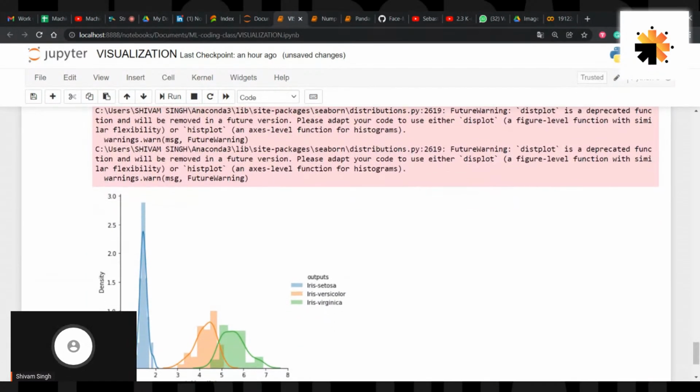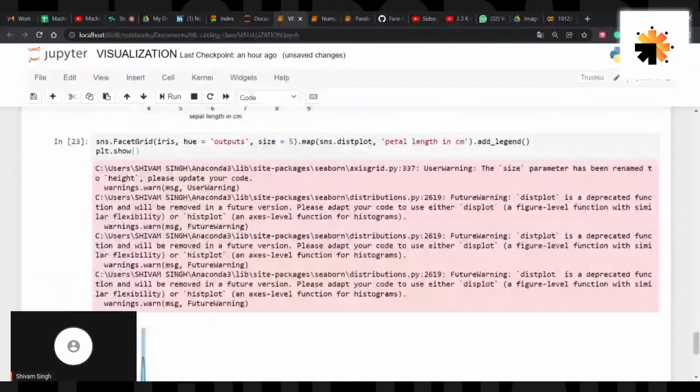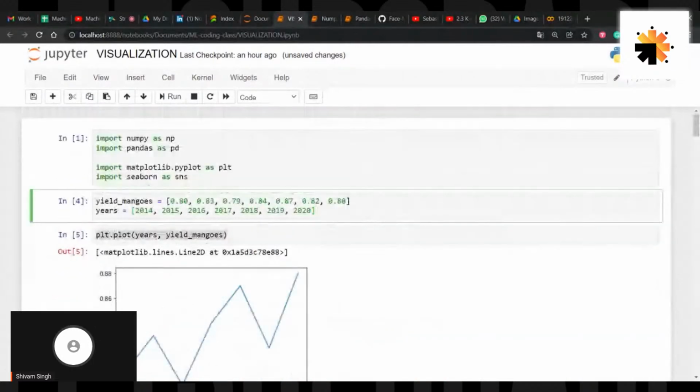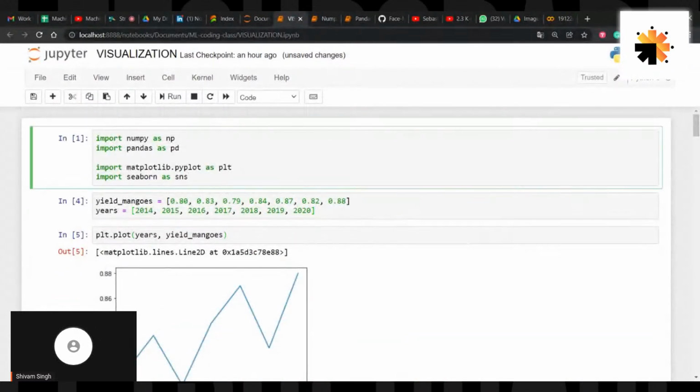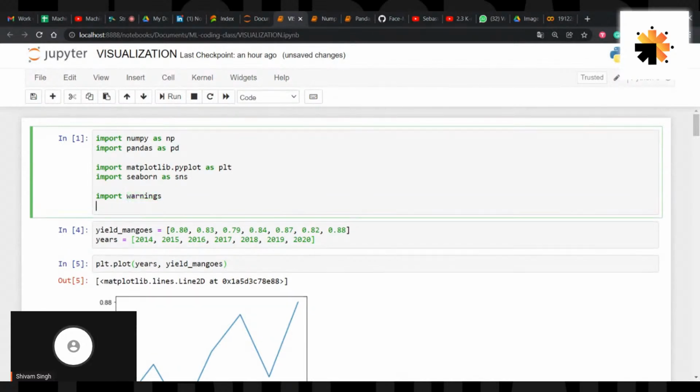And guys, this is not an error. Always remember, this is a kind of warning which I am getting over here, maybe because of the version. You can try to avoid it. For this, you need to import warnings, and then run the command warnings.filterwarnings, and inside the brackets use ignore.